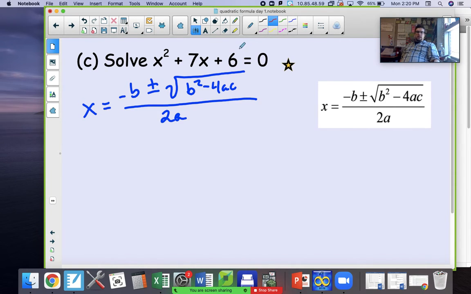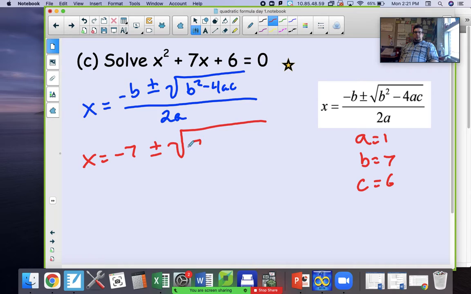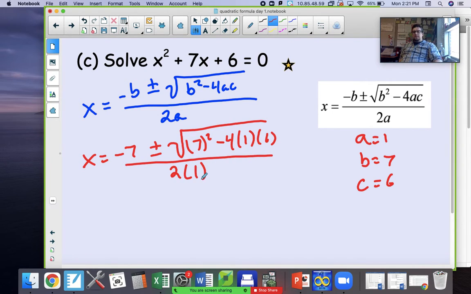And then we're going to plug in all of our values. A is 1, B is 7, C is 6. So we've got negative 7 plus or minus the square root of 7 squared minus 4 times 1 times 6 all over 2 times 1.